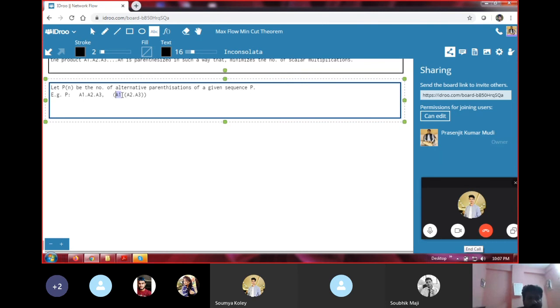Then how many parentheses we have to use for the remaining part of the sequence, in this case A2, A3? Here we have parenthesis 1 and the outer parenthesis, that is 2. So for this kind of parenthesization, the number of parentheses involved is 2.